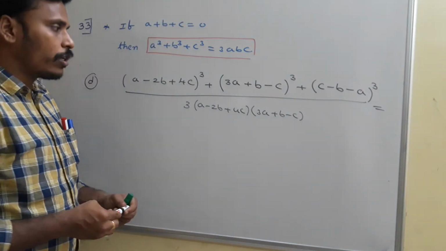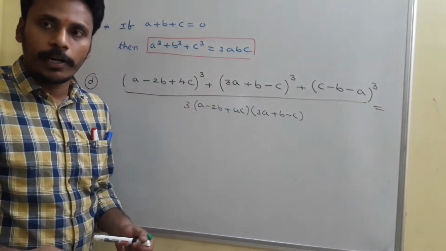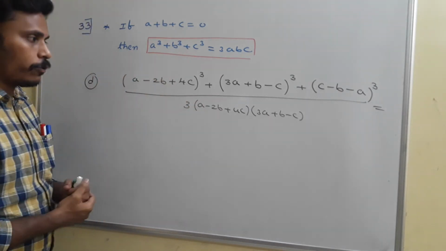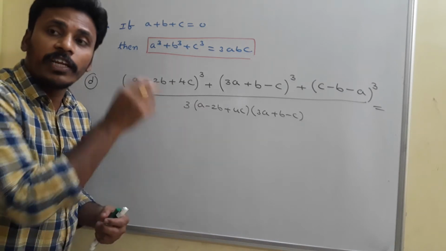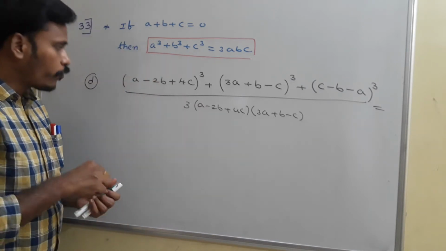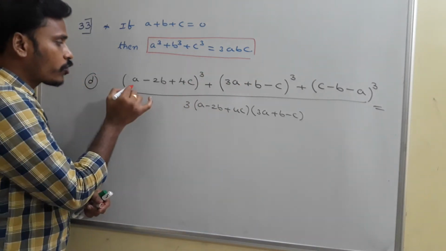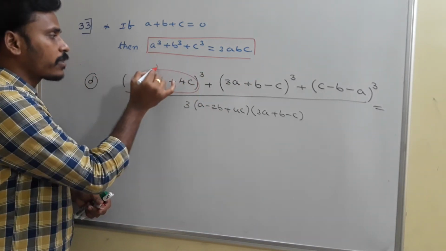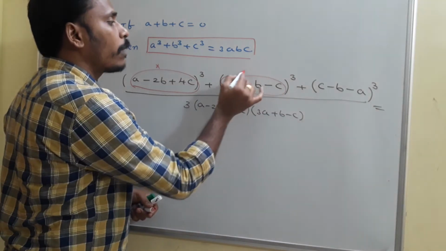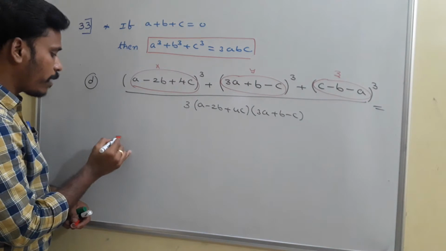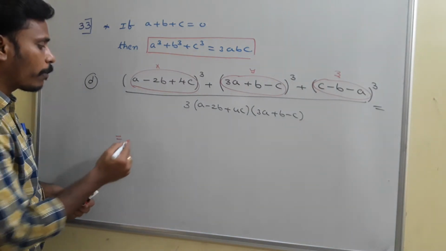Or otherwise you just leave about the denominator, first think about the numerator. See, if they ask you to find this particular value, how to find? We need to think about the numerator. If you think the numerator, something cube and something cube and something cube, you just treat this something as some x, and this something as some y, and this something as some z. If you treat in such a manner, then the problem will become like this.